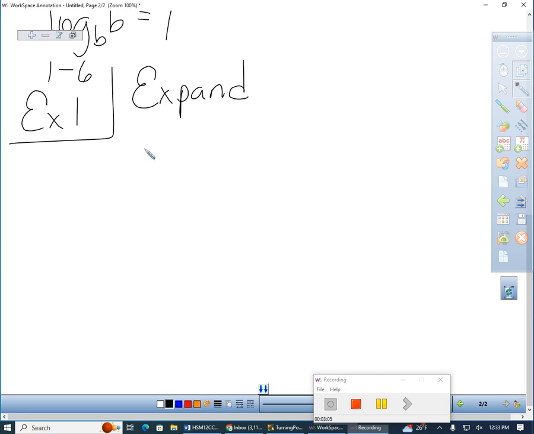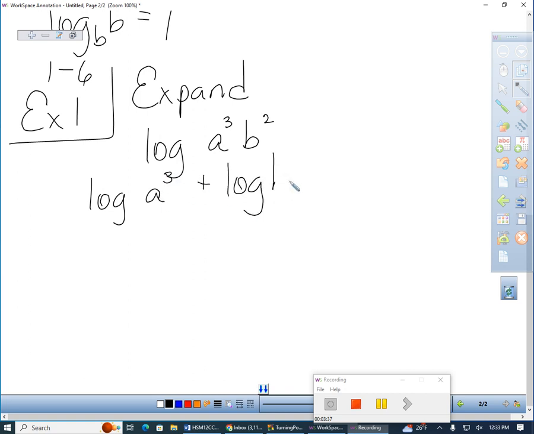Let's say I have the log of a to the third, b to the second. Let's start off easy. So first of all, we are multiplying two things together. To expand it, that means we have to add them. So we're going to change this to log a to the third plus log b to the second.